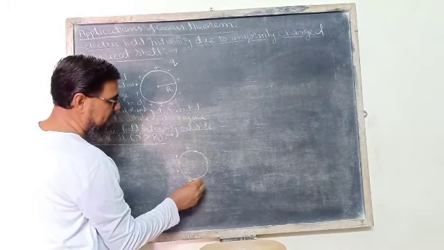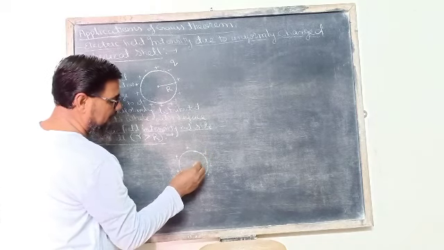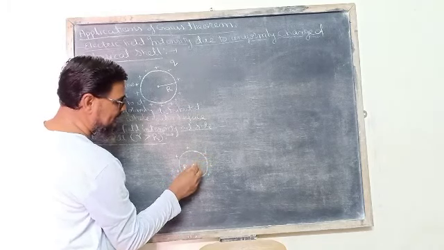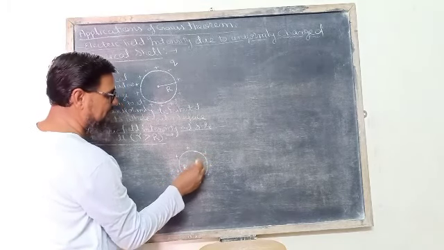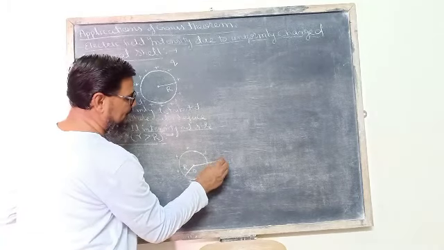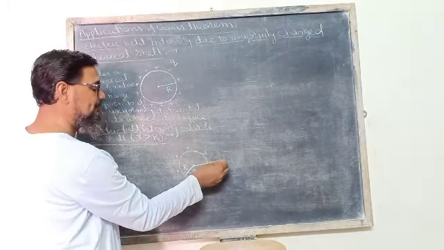This is the spherical shell of radius R, and we consider a point. This is the center of the spherical shell, and this is the point P outside the shell at distance small r.